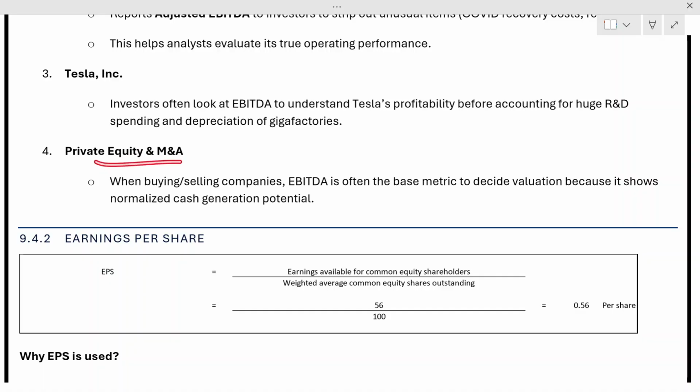In the case of private equity and M&As, when buying and selling companies, EBITDA is often the base metric to decide valuation, because it shows the normalized cash generation potential. So overall, this is a very critical item which needs to be seen in the company's financials.